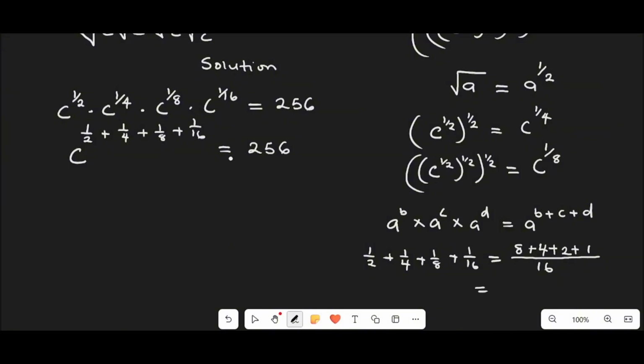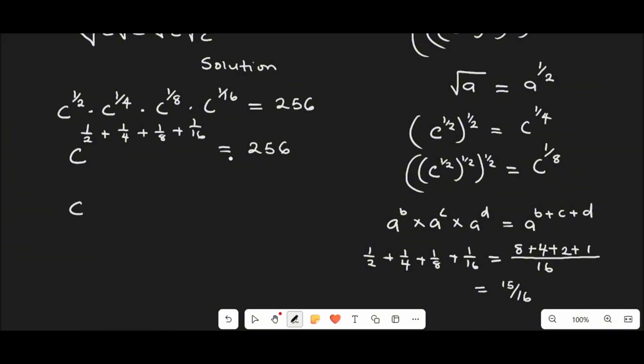So the answer is going to be 8 plus 4 is 12, plus 2 is 14, plus 1 is 15. 15 over 16. So let us replace this with 15 over 16.